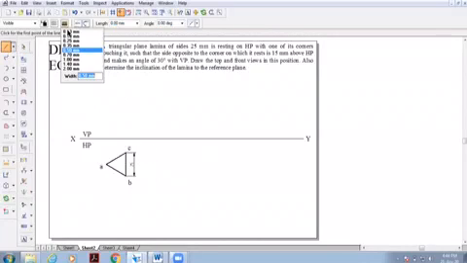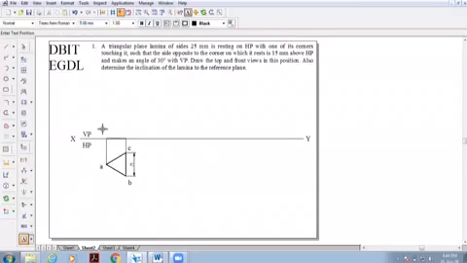Next, we'll draw the projection lines from A to the XY line and from corners B and C, and make the front view. So this is A dash, B dash, C dash.